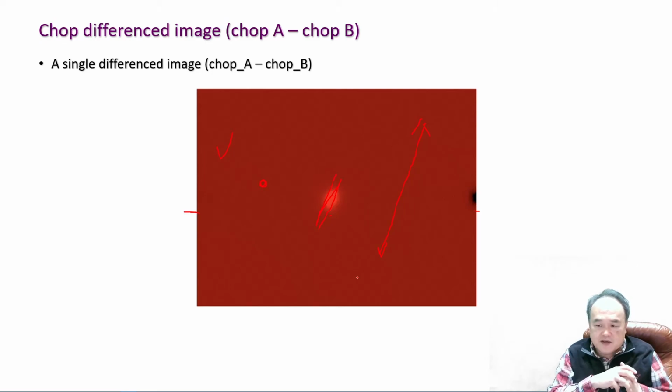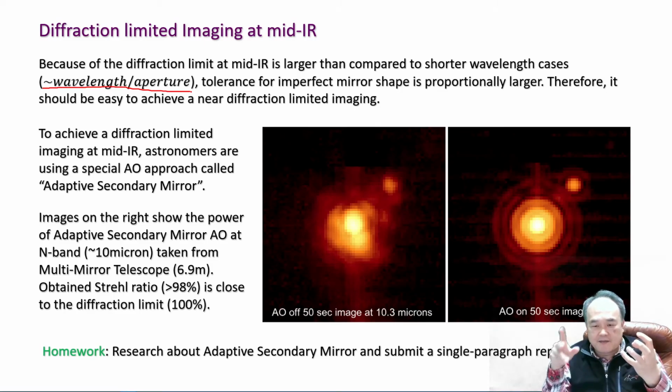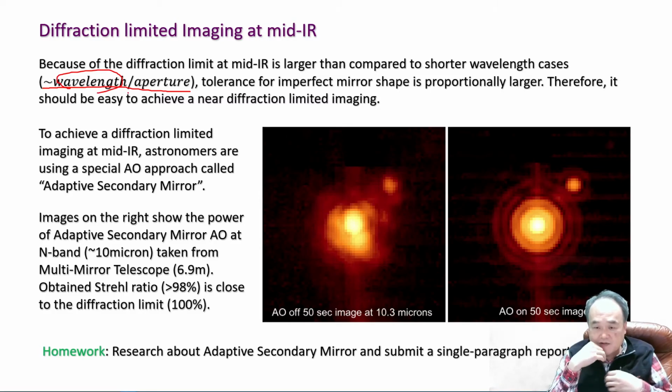So because of this, theoretically the diffraction limit at the mid-infrared is much easier to achieve, because the diffraction limit is lambda over D. So that's the observing wavelength divided by the primary aperture, right?